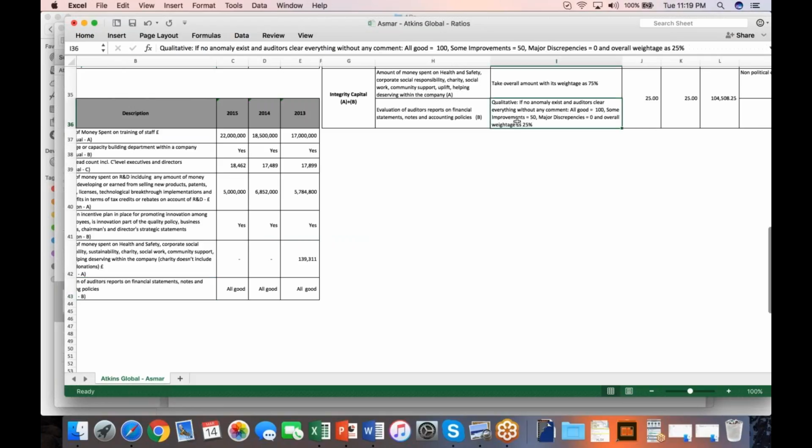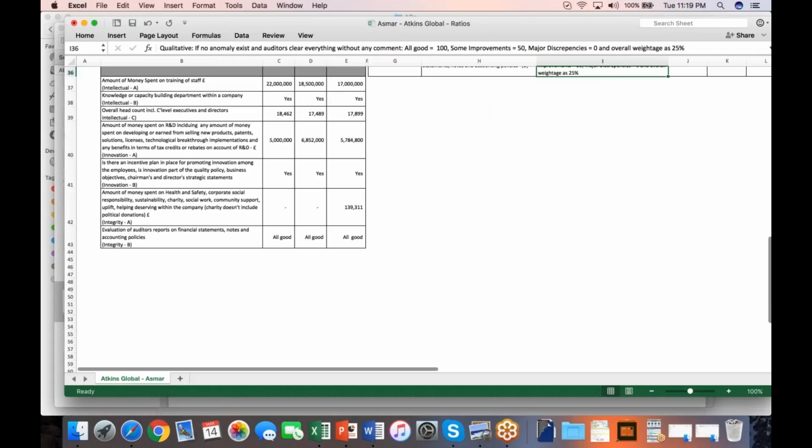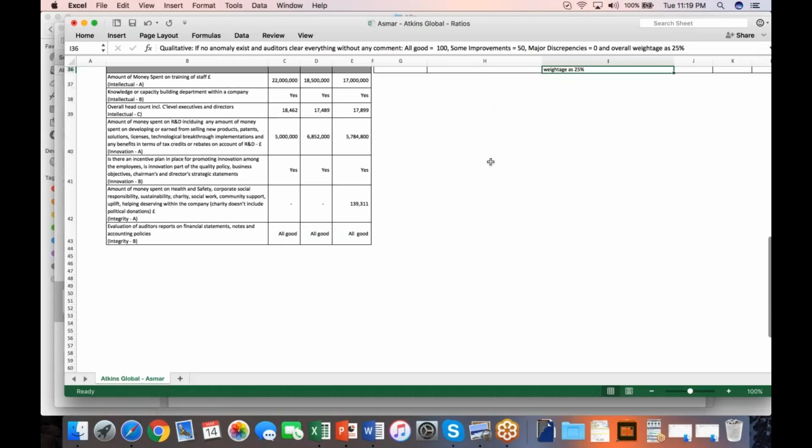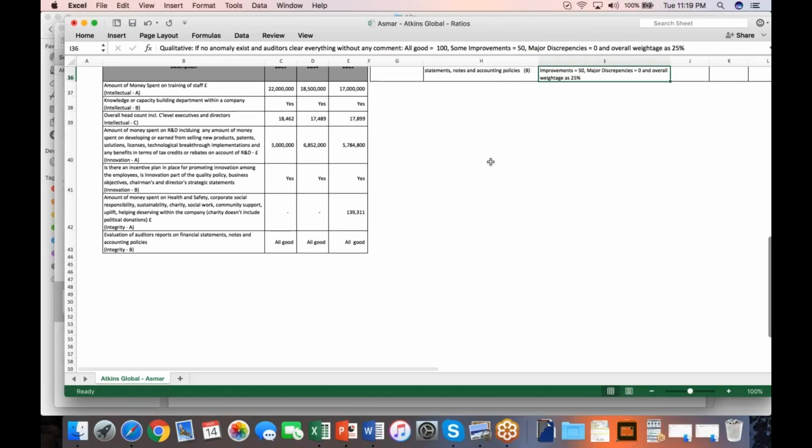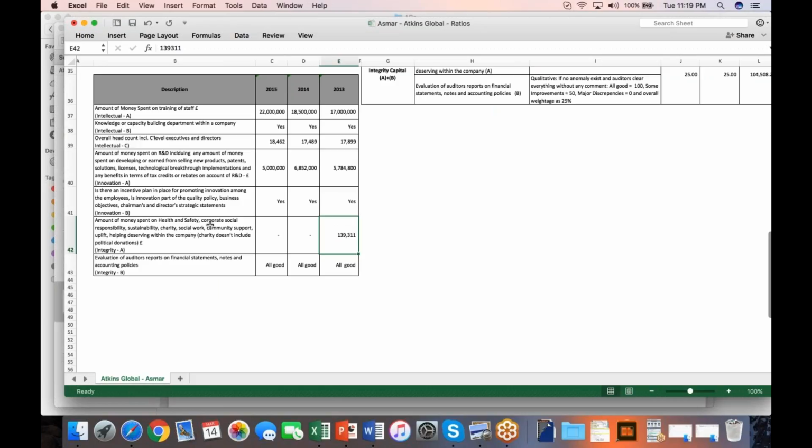This should be all good, and Atkins have reported everything good. But there is also the amount of money spent on health and safety, corporate social responsibility, sustainability, charity, social work and community support, helping the deserving within the community, though charity does not include political donations.